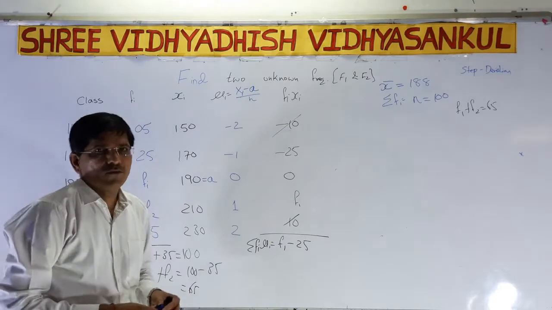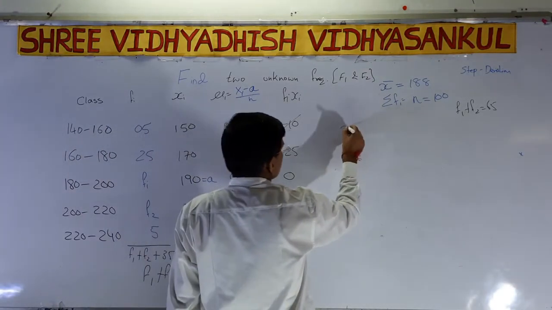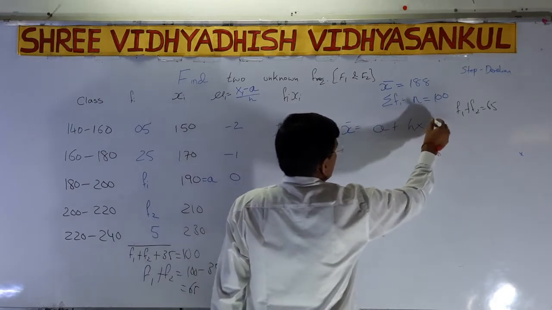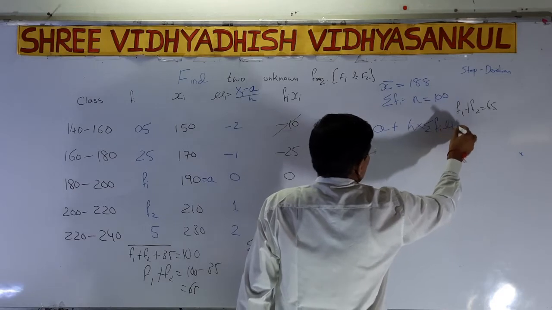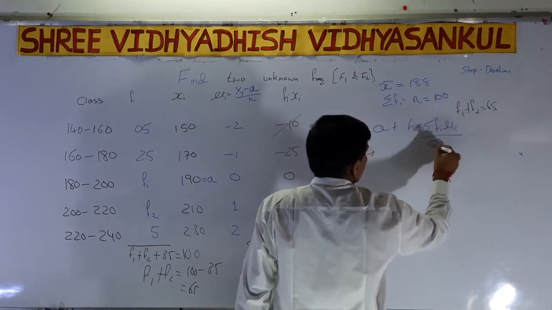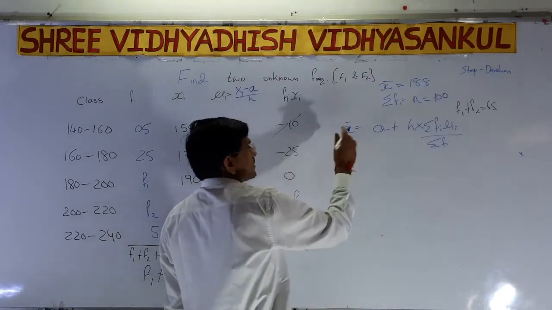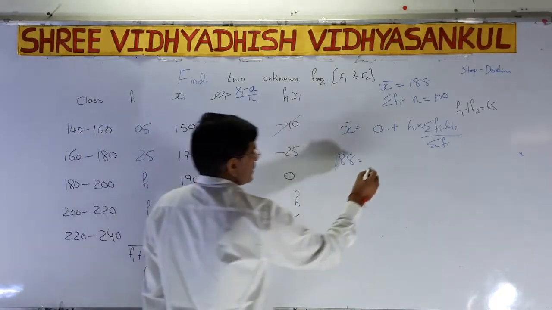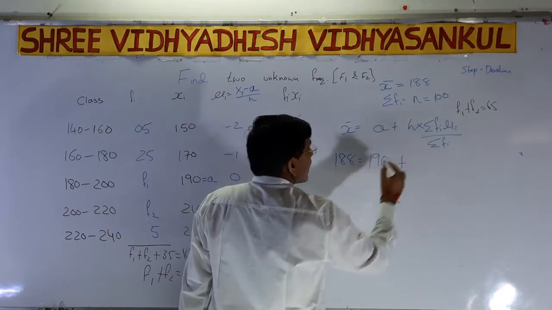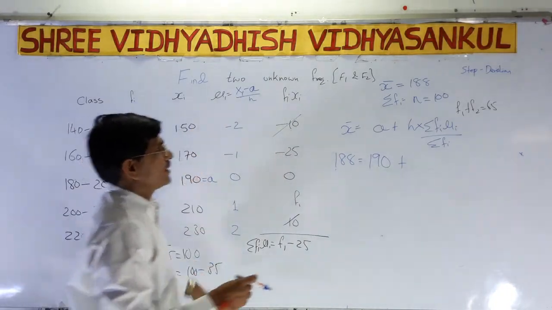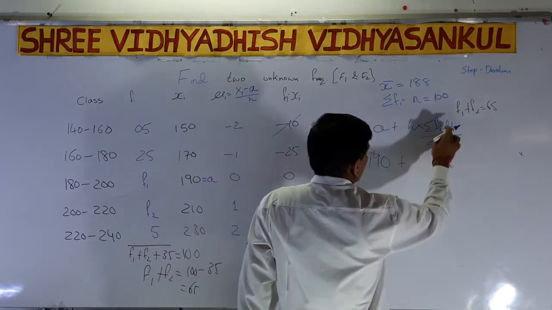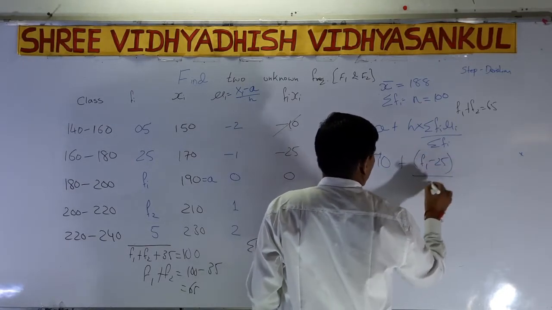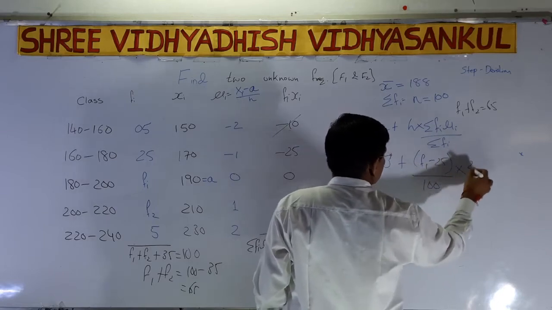Now we have to go through the formula, that is X bar is equal to A plus H into sigma Fi Ui upon sigma Fi. So X bar, that is given 188, A is 190, H difference is 20, sigma Fi Ui is F1 minus 25 upon 100 into 20.